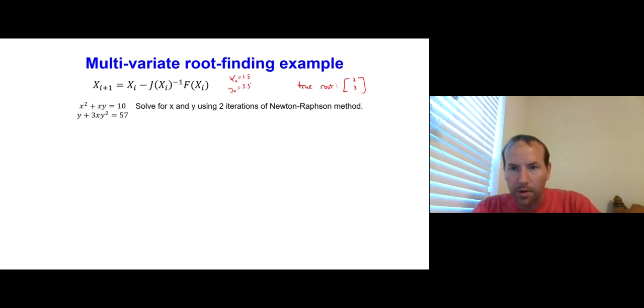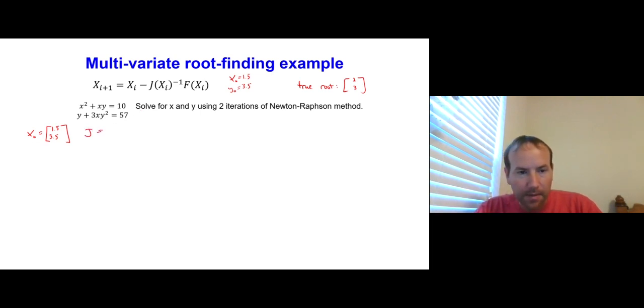And we'll just note for later that the true root is at 2, 3. You start by writing out what x0 is: 1.5, 3.5, and we're going to need to know the Jacobian.